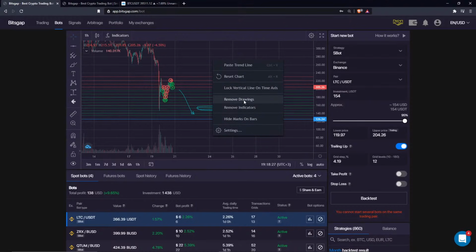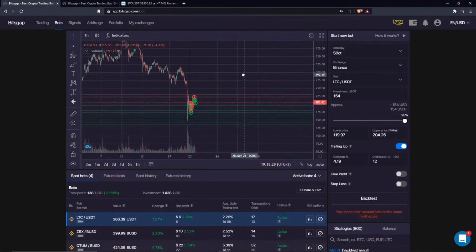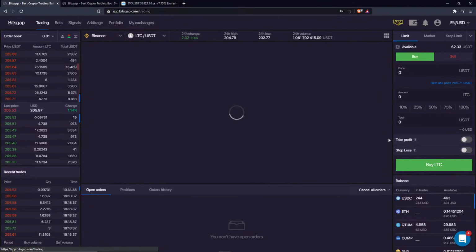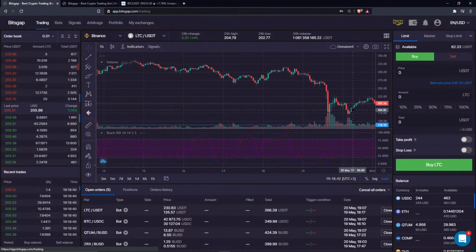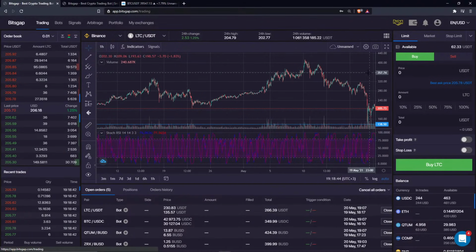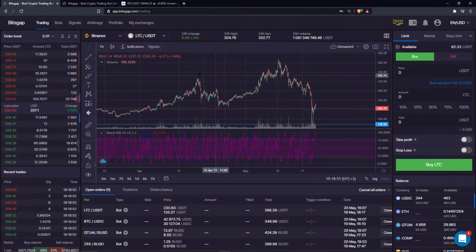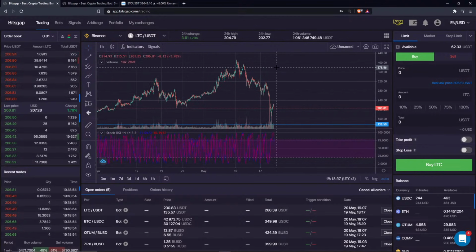The only thing about automated trading is that you do not have control over the return that it will bring you. Whereas in smart trading, you can always change the take profit price and all that stuff, so that you can either increase or decrease your expectations depending on the market volatility and what the chart is showing you.